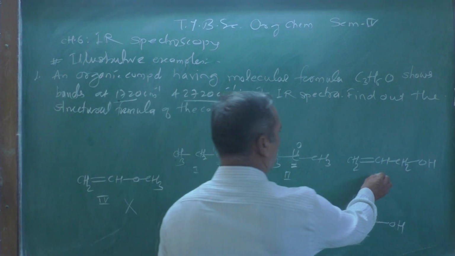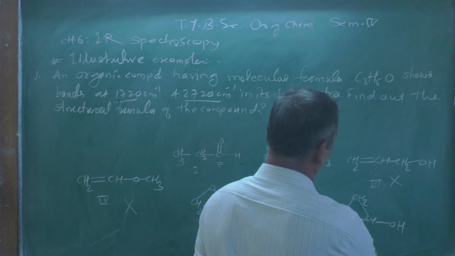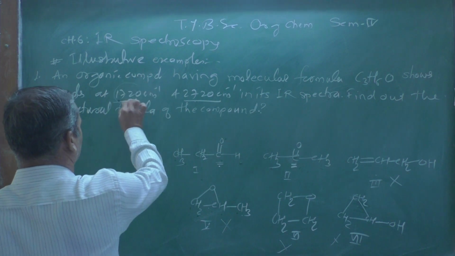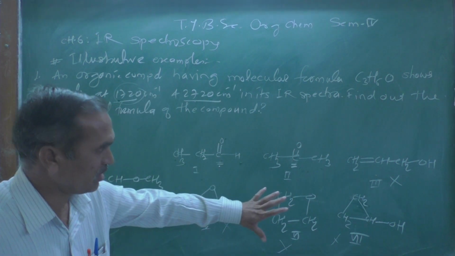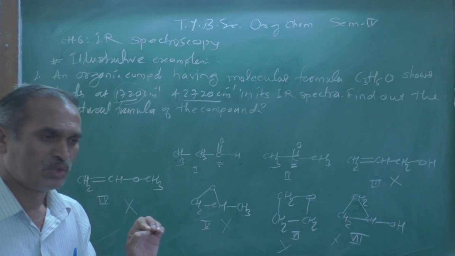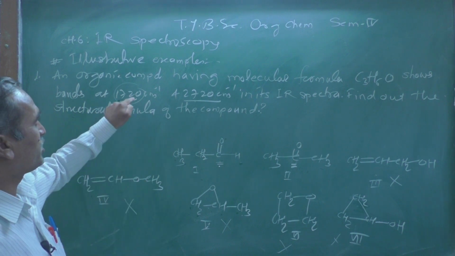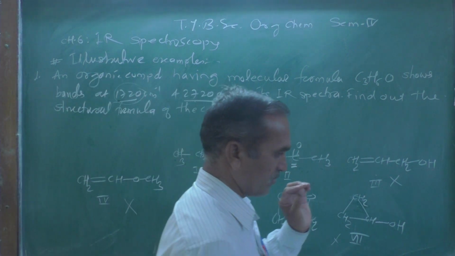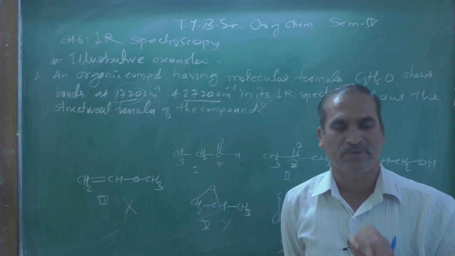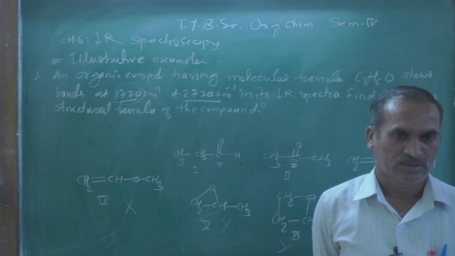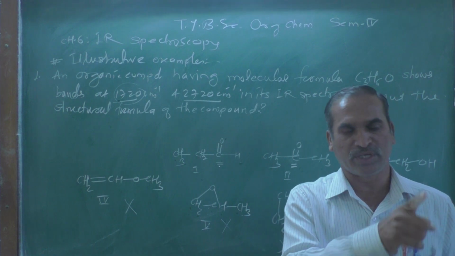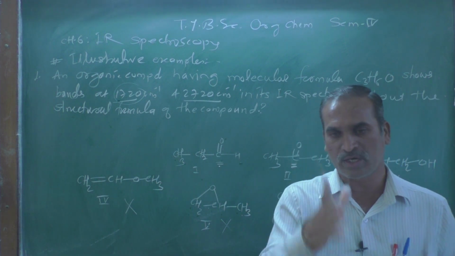Now, if you think, structure number 3 to 7 are all ruled out because there is no signal. The structure number 3 to 7 will not show a signal at 1720 because, by observing the characteristics table of IR frequencies, we know that the band appears around 1720 per centimeter due to the carbonyl group.